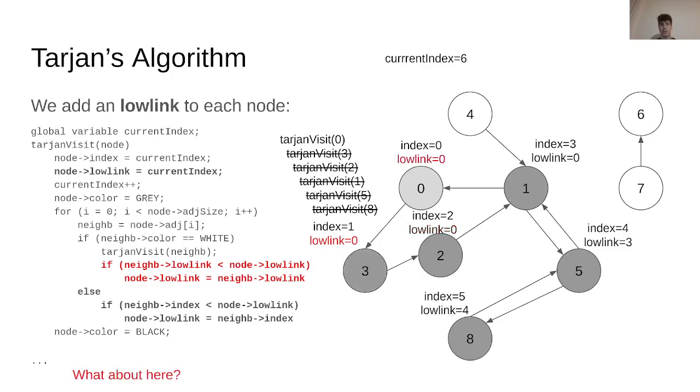We make it black. For 0, do we need to update? Here we have 0, and here we have 0. So 0 went to 3, but actually here we don't need to update because it's the same.